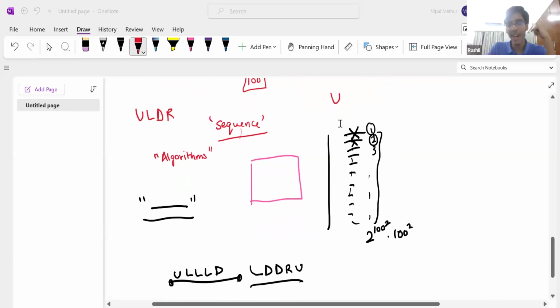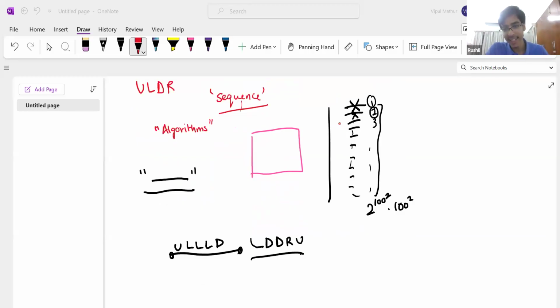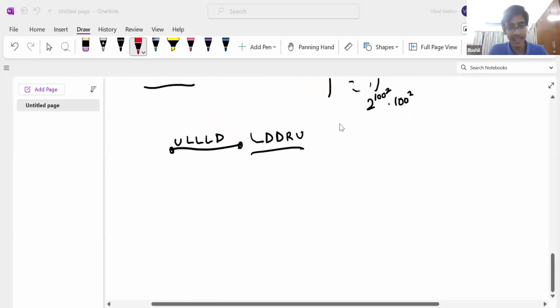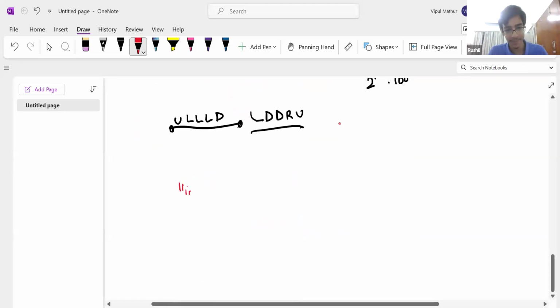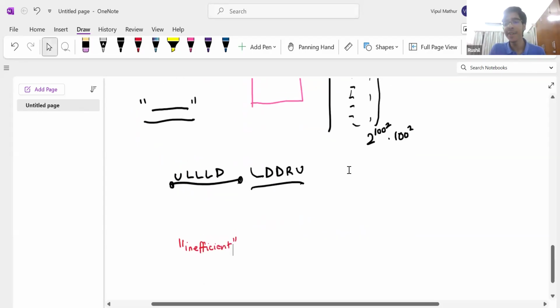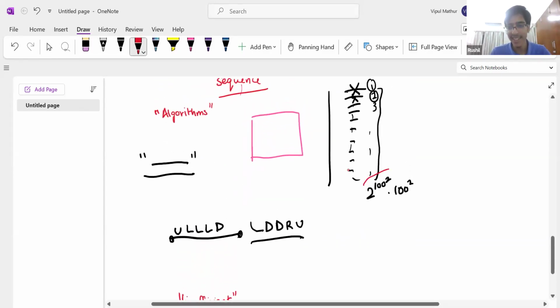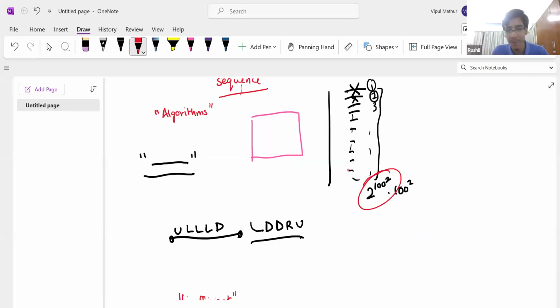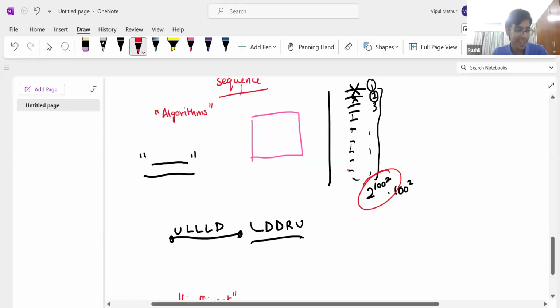One very interesting thing I want to highlight about this problem is that it's terribly what is known as inefficient. Inefficient is basically a way of saying that no one in the real world would do this. No one in the real world is ever going to work with 2 into 100 square things. Just to give you an example, 2 to the 100 square is probably, I'm guessing at this point, more than the number of atoms in the observable universe.